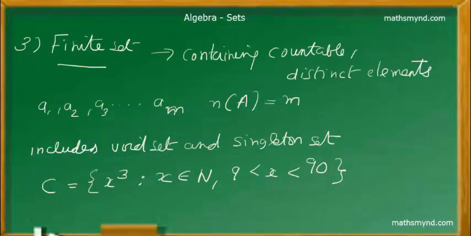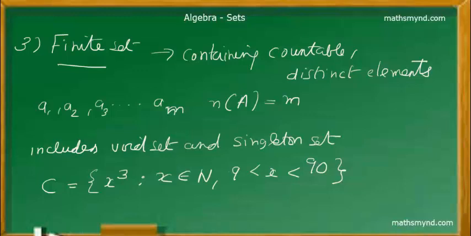Now let's look at the case of a finite set. What do we mean by a finite set? It means that the elements are countable, and of course the elements have to be distinct, which means that the character is very clear. There's no confusion in the kind of character. So a finite set means that the set contains countable elements.